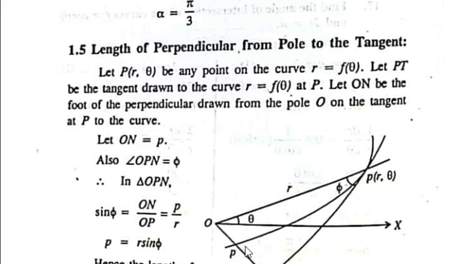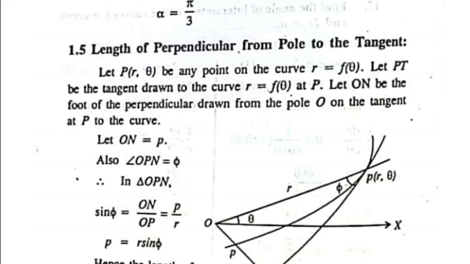This line is called ON. That means it has some length. So let P be the length of this ON. So this P is called the length of this perpendicular. Because this line is perpendicular to this tangent, therefore this is known as a perpendicular. So P is known as length of this perpendicular.